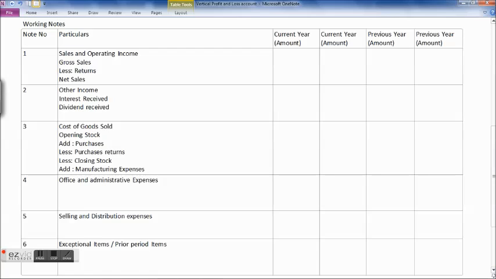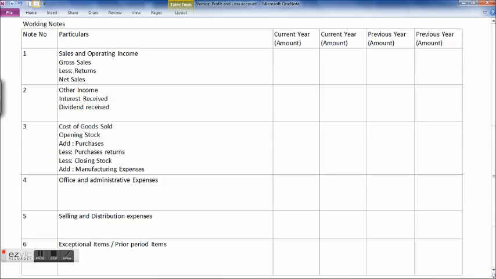For example, factory lighting, factory rent, laborers' salaries and wages, salary of a supervisor who is working in the factory, and some stationery expenses incurred in the factory. There may also be some machine maintenance expenses. All these are part of your manufacturing expense, and all this has to be included in your cost of goods sold.